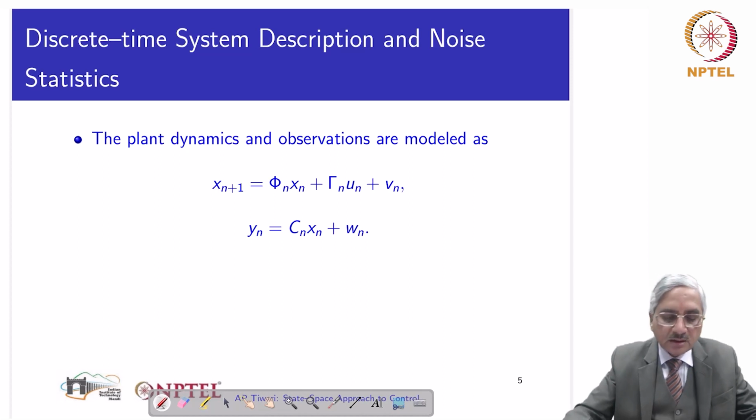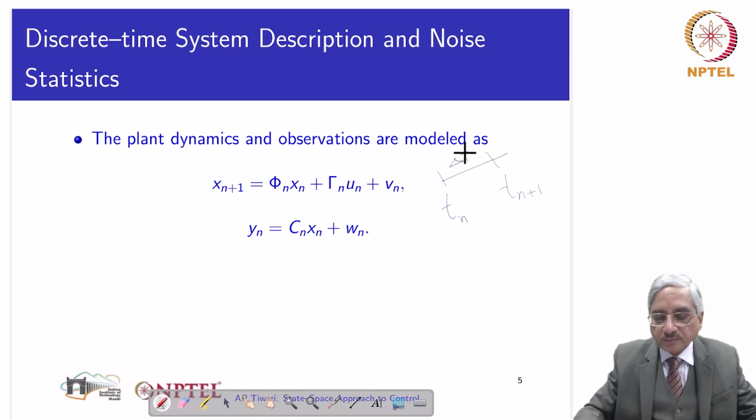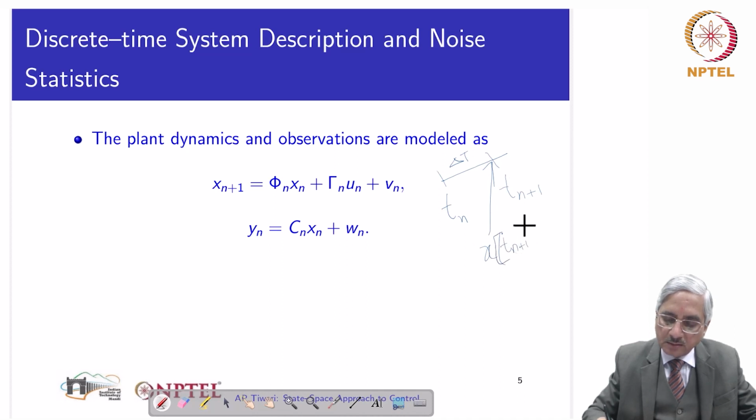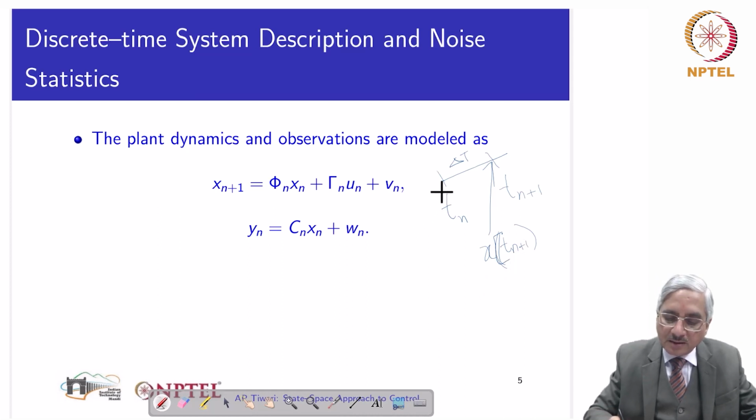So system description is given at discrete moments of time. We are considering two time instants, let us say one Tn and the other Tn plus 1, and the separation between the two time instants is some delta t. So the state at this moment, x at Tn plus 1, and the state at this, x at Tn.